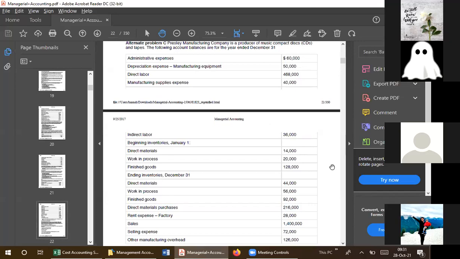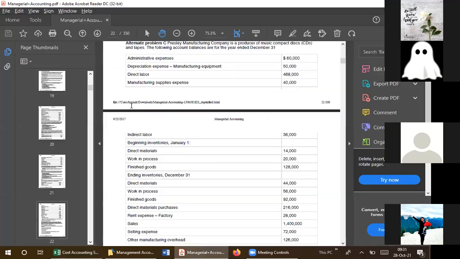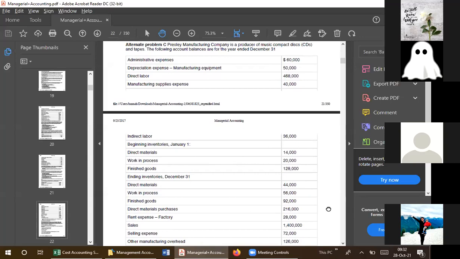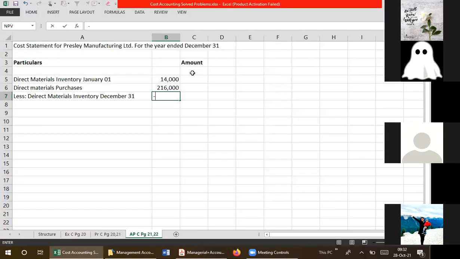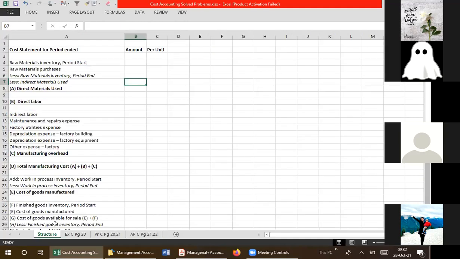Next we have reduced from this, less, on December 31st, ending inventories, direct material is here, $44,000, minus 44,000. That gives us direct material used.